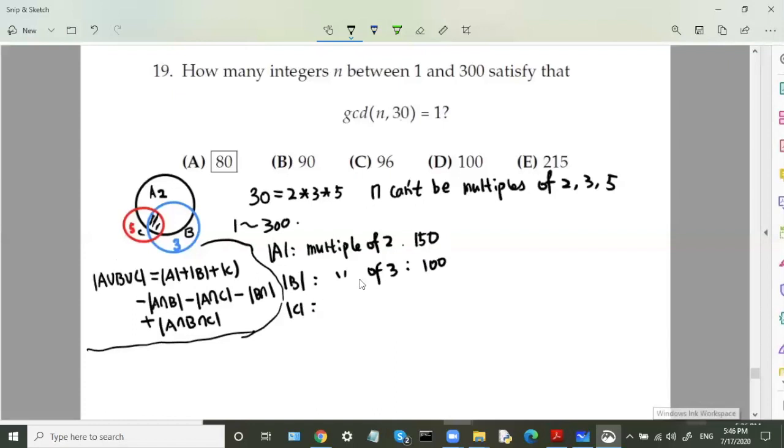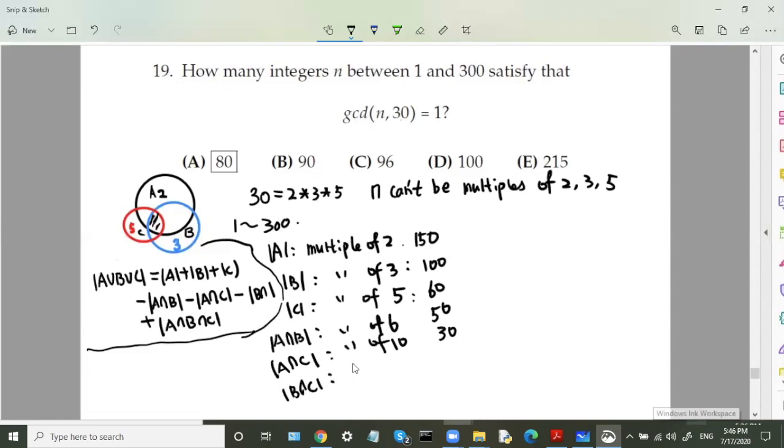C is the multiples of 5, so 60. The intersection of A and B is multiples of 6, which is 50. The intersection of A and C is multiples of 10, which is 30. And the intersection of B and C is multiples of 15.